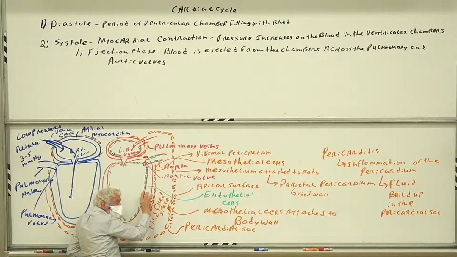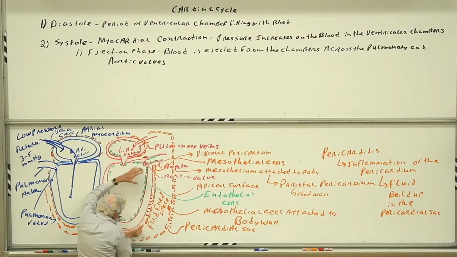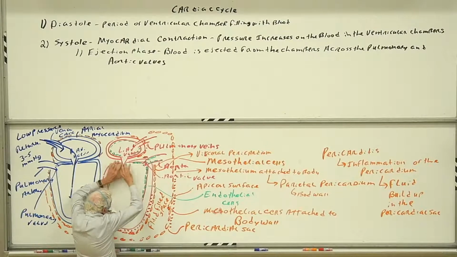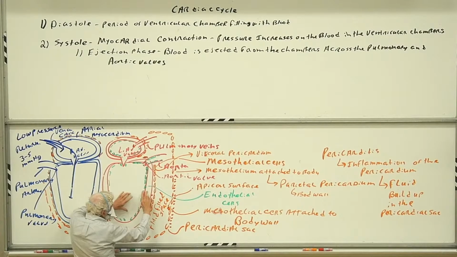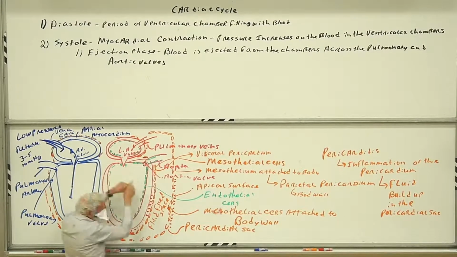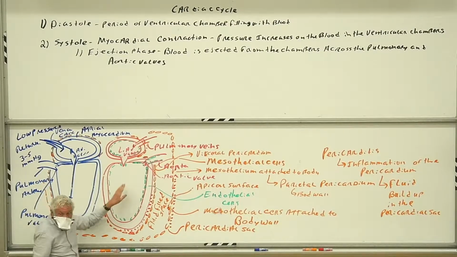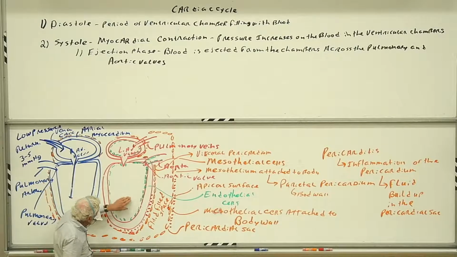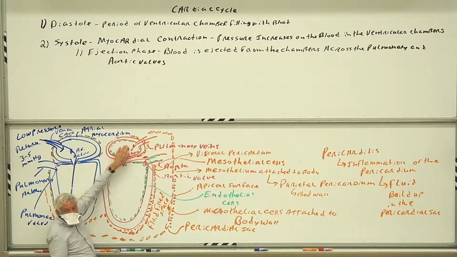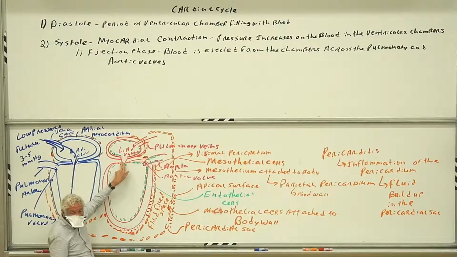When these Z-lines shorten in a closed container, the first thing that will happen is those AV valves are going to close. If things are working properly, we can't move any blood from the ventricular chamber back into the atrial chamber. So we snap these valves shut.